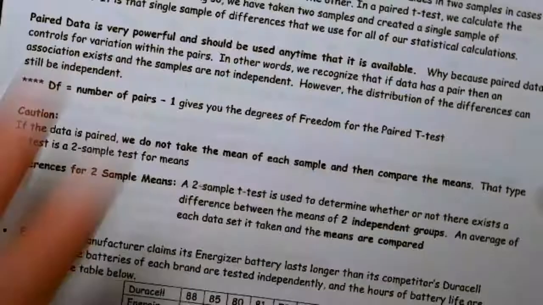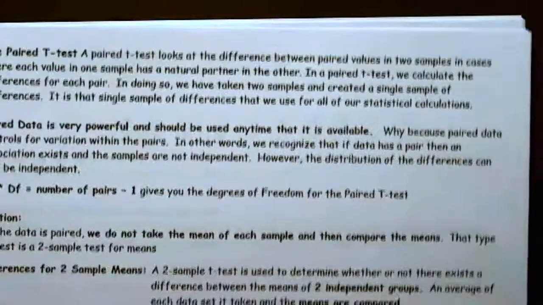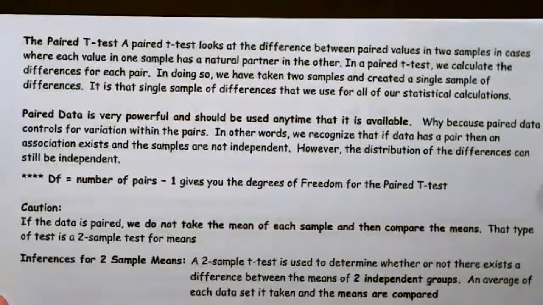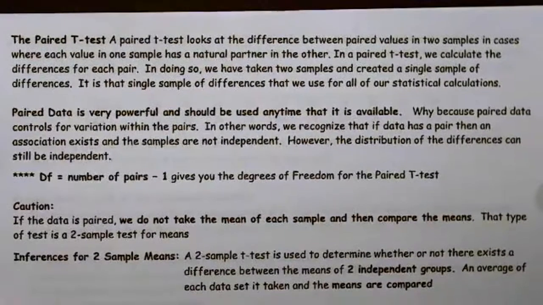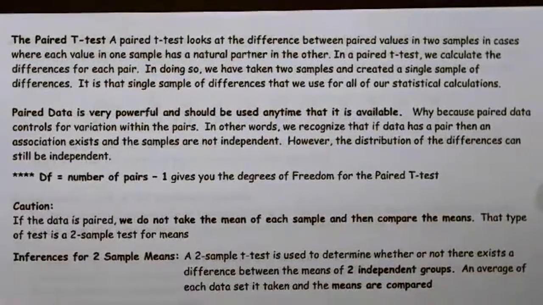All right, so that's your basic T, and then we move over to paired. I spent just a little bit of time with some examples on this because we get confused sometimes between when to use a paired test and when to use a two sample T. So the paired test looks at the difference between paired values.